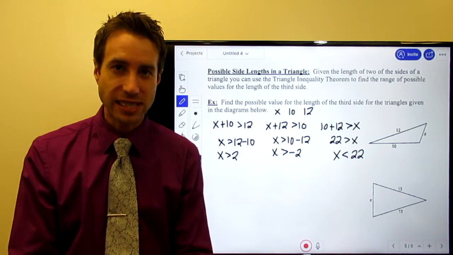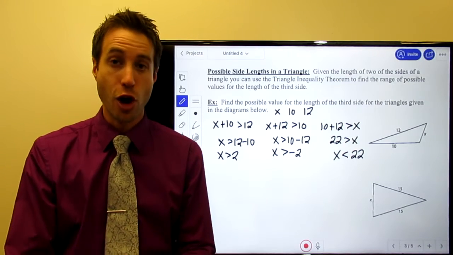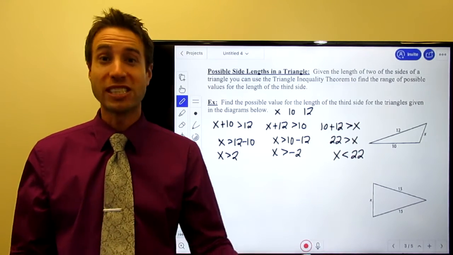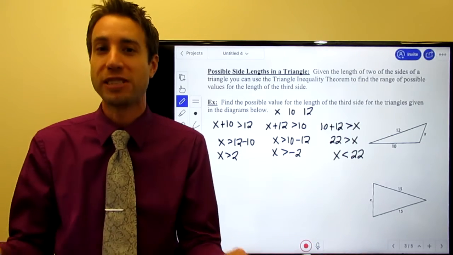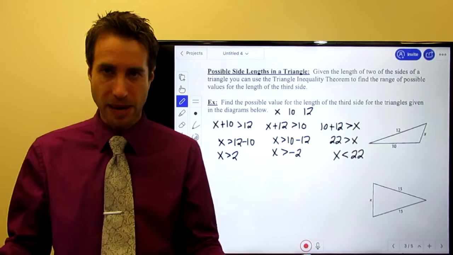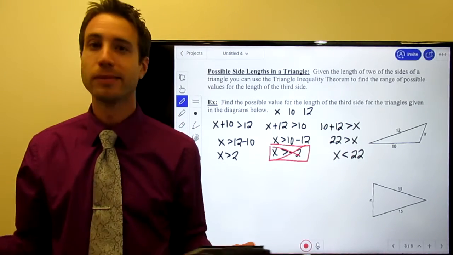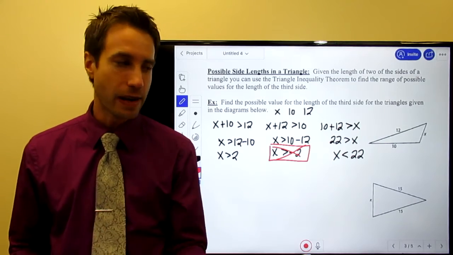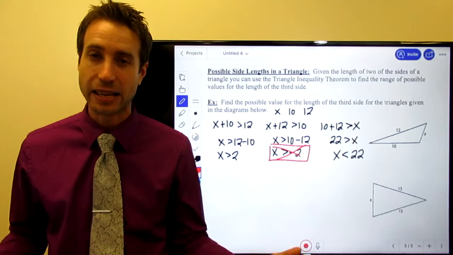Never has anyone, when you ask them how far it is to the nearest gas station, said, oh, it's negative 3 miles. We don't measure distances in negative numbers. Not possible. So this one right here, chuck it. It's gone. If you get a negative number, throw it out. You don't need it. You can't have a negative side length.